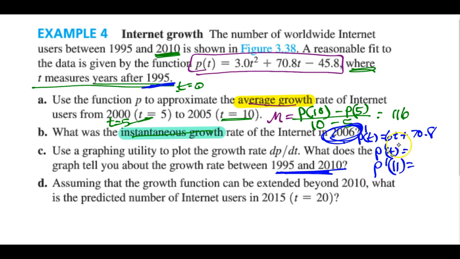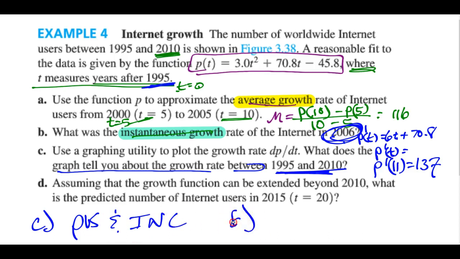And so you just plug that in. 6 times 11 plus the 70 is around 137. And then part C starts talking about find out where it's positive. What does the graph tell you about the growth rate? It's positive and it's increasing.